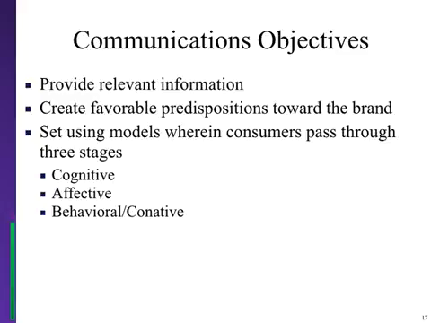And I'm going to see if I can tell you what figure that was. But the 4 different models that go through the cognitive, affective, and behavioral stages. Remember we looked at that? Well, you could literally write communication goals for each of those stages.